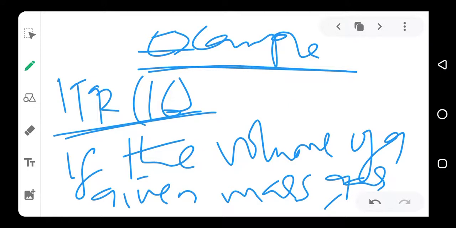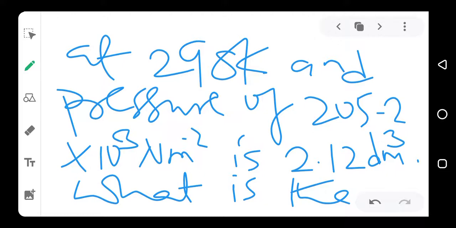If the volume of a given mass of a gas at 298 Kelvin, the temperature is already in Kelvin, so there's no need of converting this temperature again, and pressure of 205.2 times 10 raised to power 3 Newton per meter squared is 2.12 dm cube.